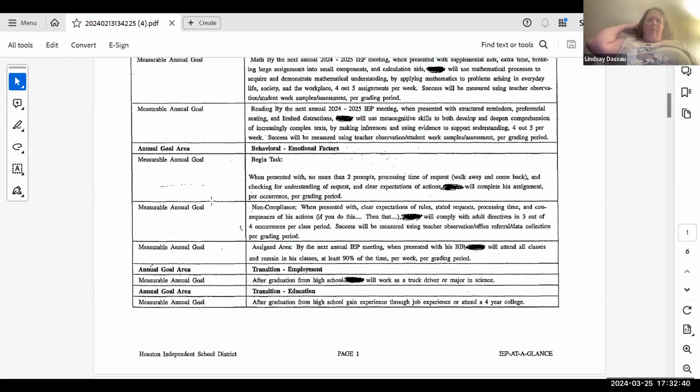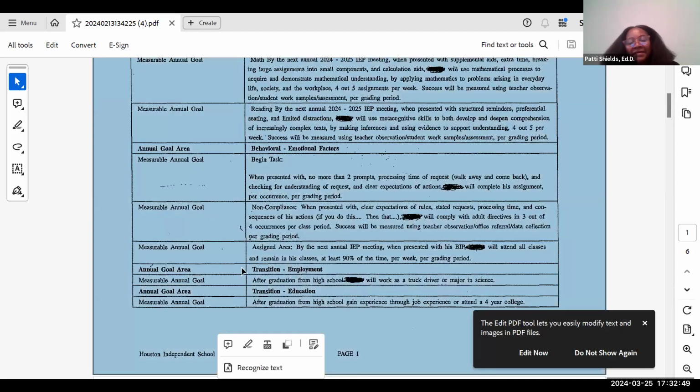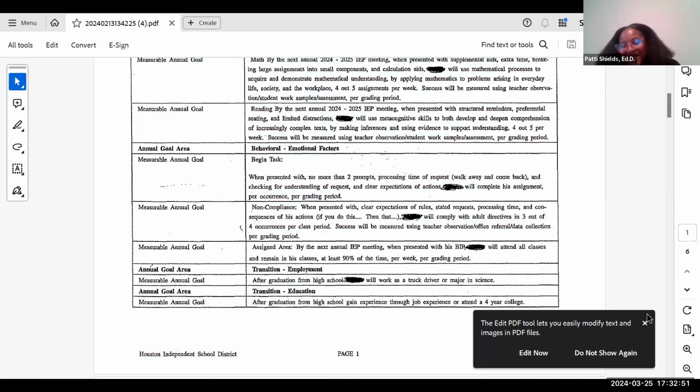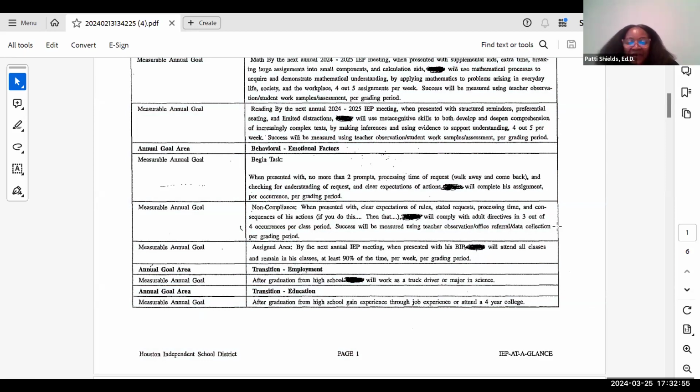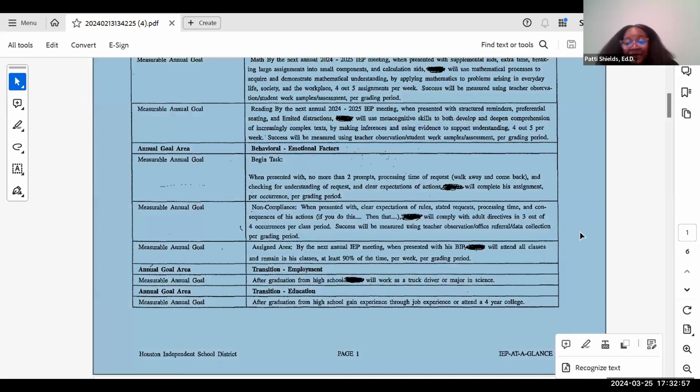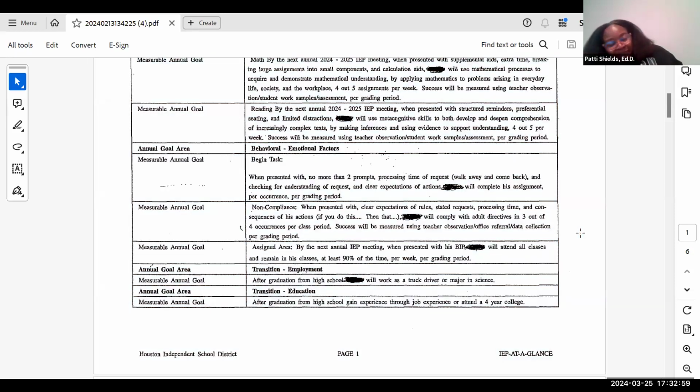What about reinforcers? There are no reinforcers listed at all. There are no reinforcements listed on here, but he does now have a token economy, even though he's in middle school, 8th grade. He has a token economy, and he's working for Visa gift cards. Nice.